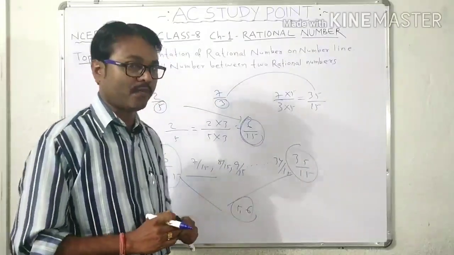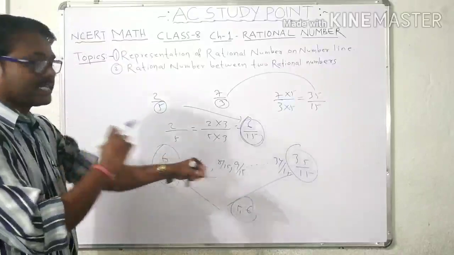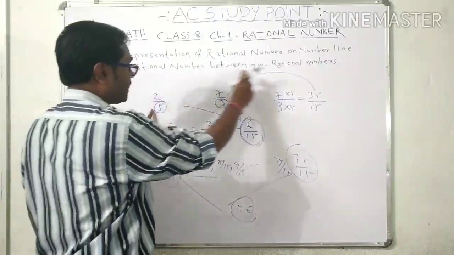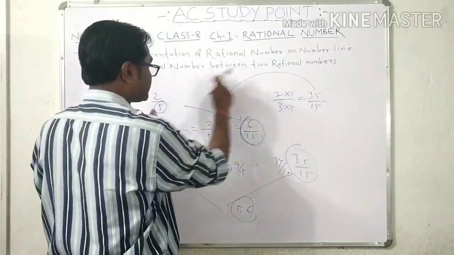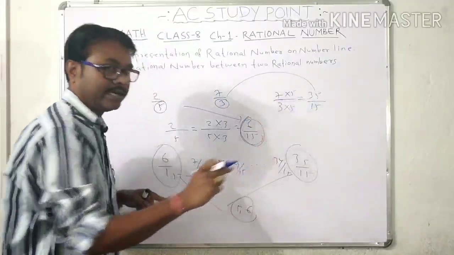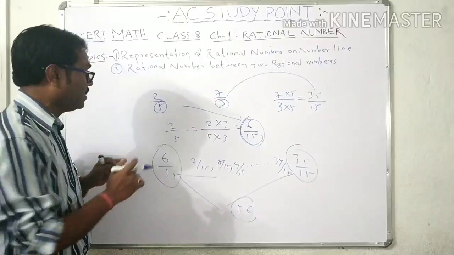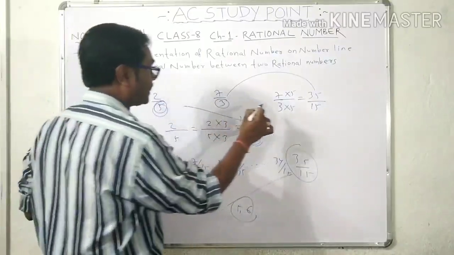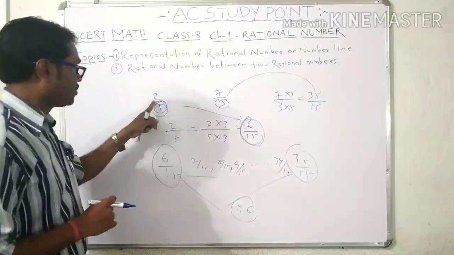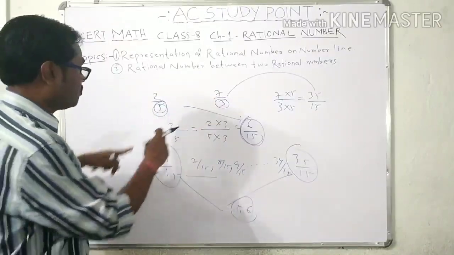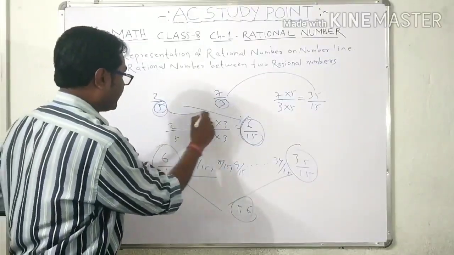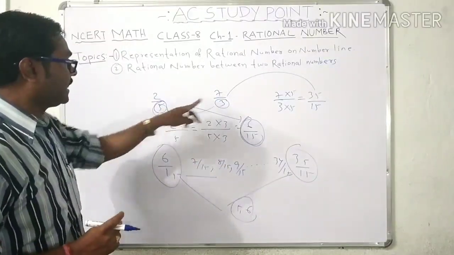Let me conclude. In the first process, between any two rational numbers you just add the two rational numbers and divide by 2. The second method is to make the denominators the same. Here we have taken 2 by 5 and 7 by 3. To make the denominator same, you first take the LCM, which is 15.